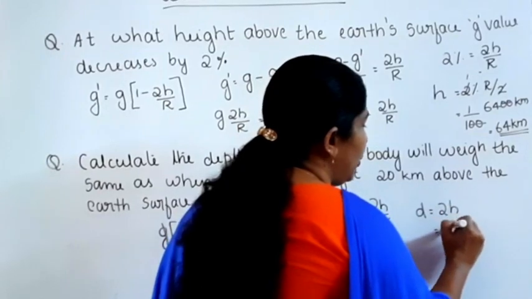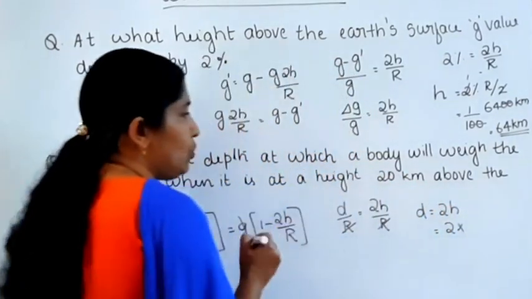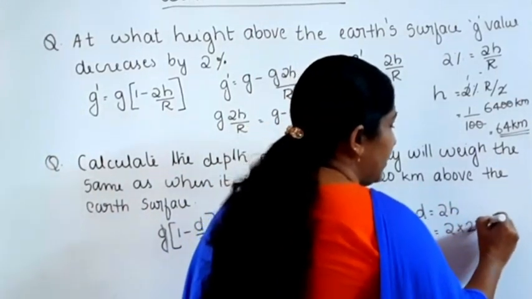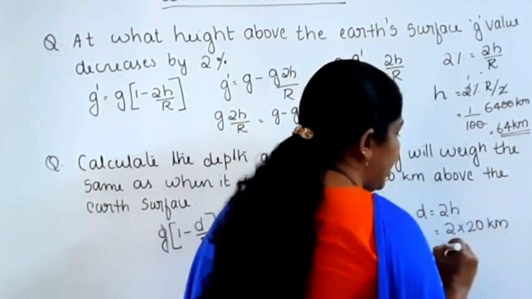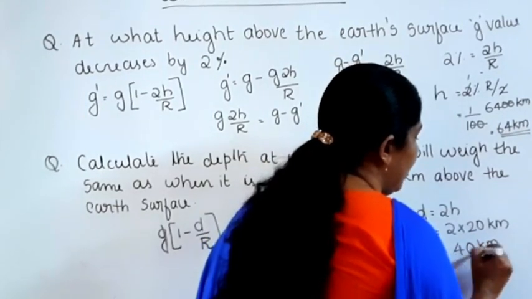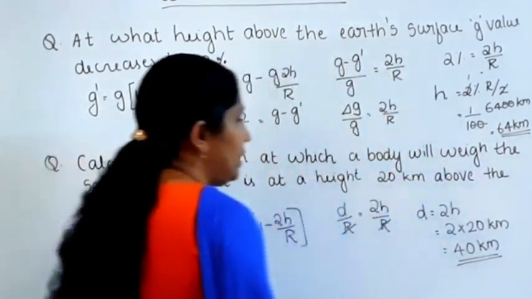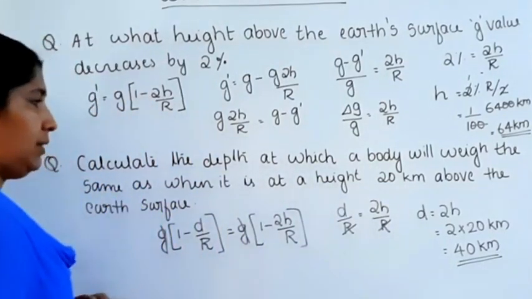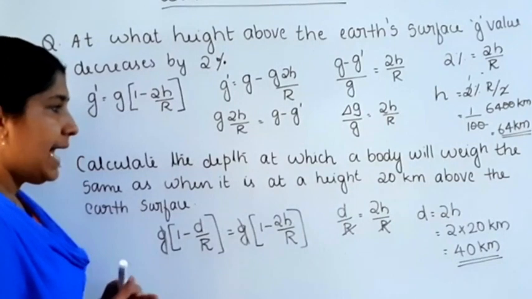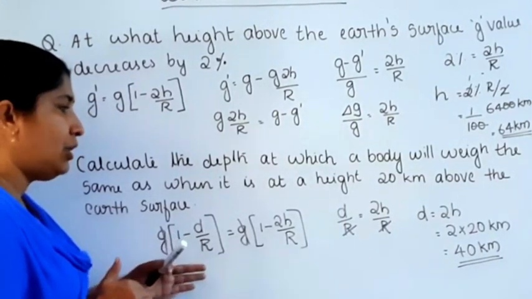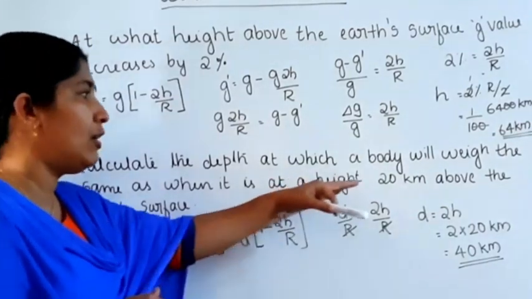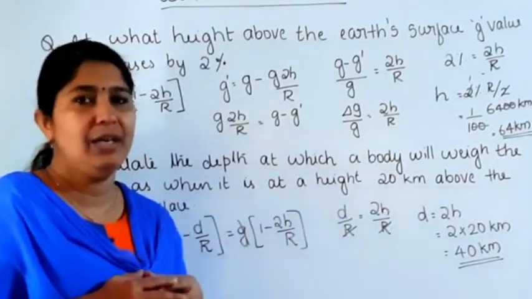That's 2 into the height h, and h is equal to 20 kilometer. 2 into 20 is equal to 40. 40 kilometer is the answer. 40 kilometer is the depth below the surface of the earth where the acceleration due to gravity is equal to the acceleration due to gravity at a height h equal to 20 kilometer above the surface of the earth.